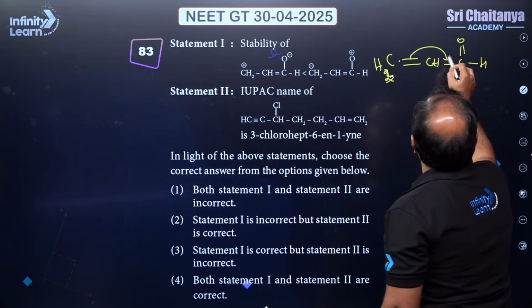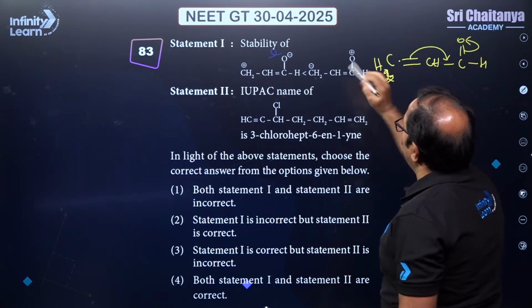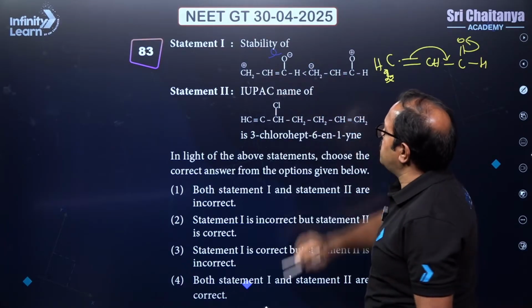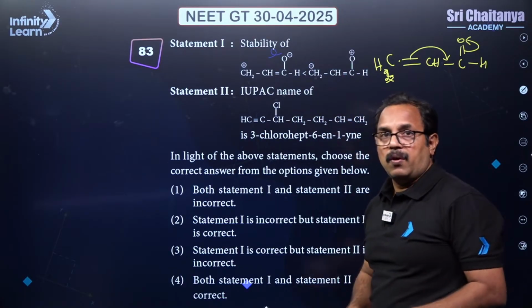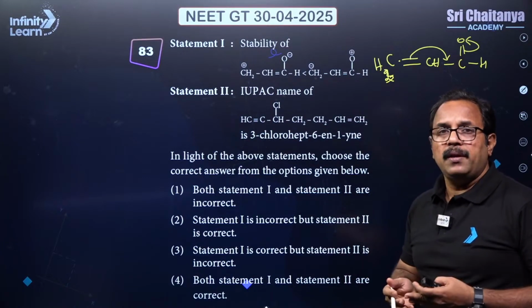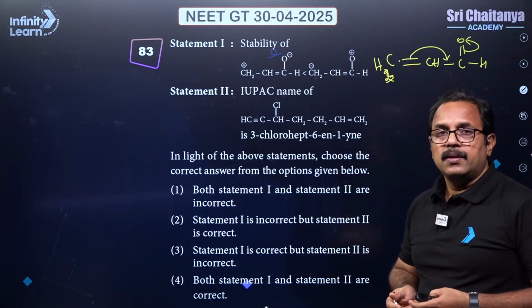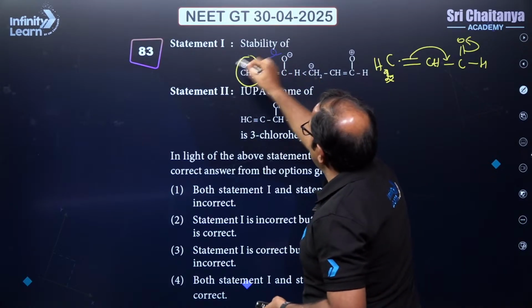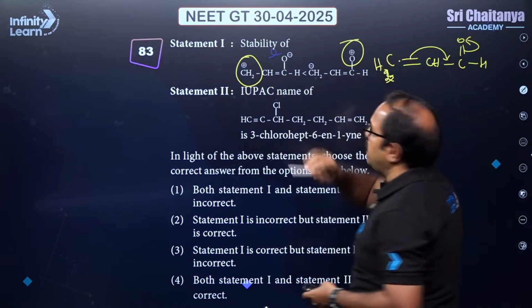If these electrons go here, this becomes minus. That will be the general pattern. So in the first case, this is the negative charge, here positive charge. In resonance, what you have to always remember is that where there is a positive charge, usually there is a shortage of octet. Generally we will have less stability. But in this structure, I have a positive charge on carbon as well as a positive charge on oxygen.